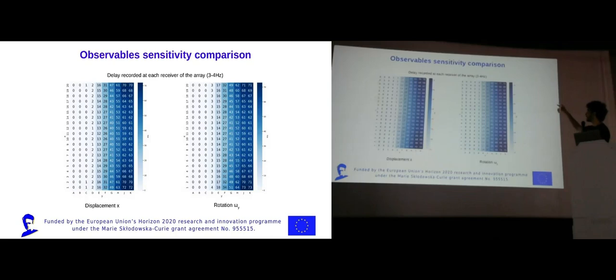The data refers to the frequency range between 3 and 4 hertz. And what we see here is that the delay is the same. There are fluctuations of plus or minus 1, but these are related to the computational error. So this is not enough for us to say that there is a significant difference in terms of sensitivity if we look at the time delay.